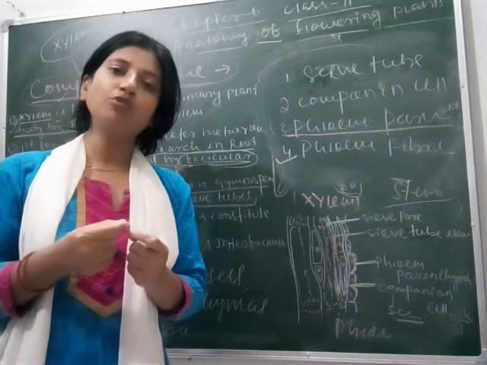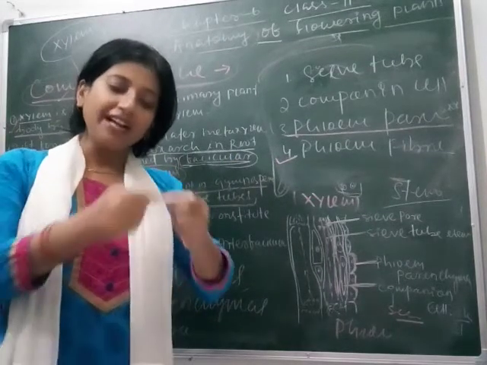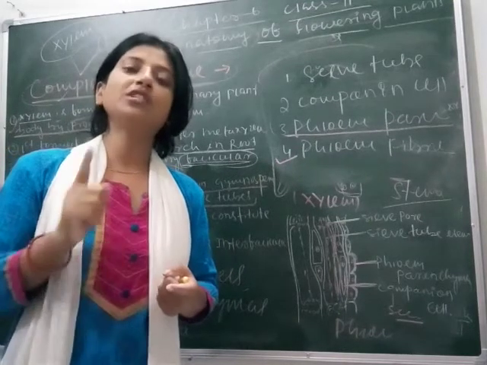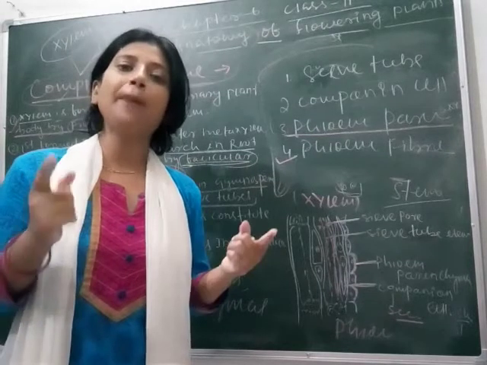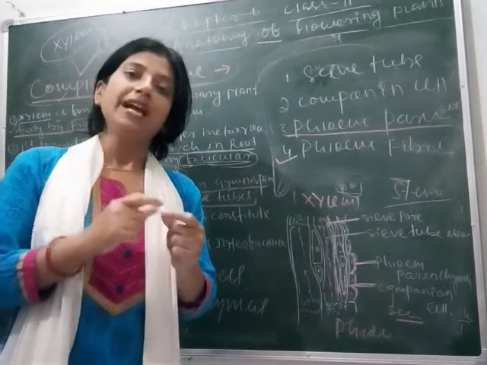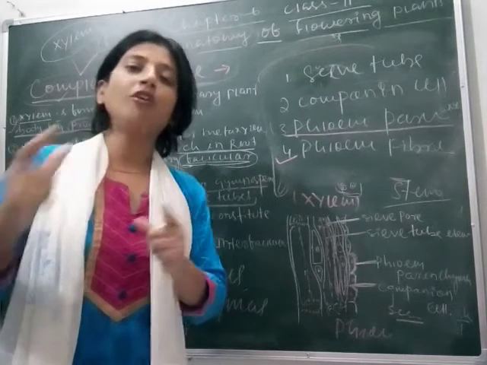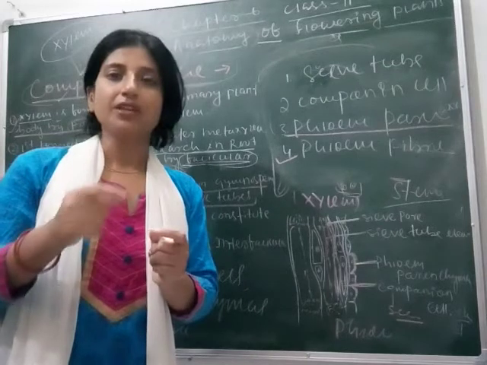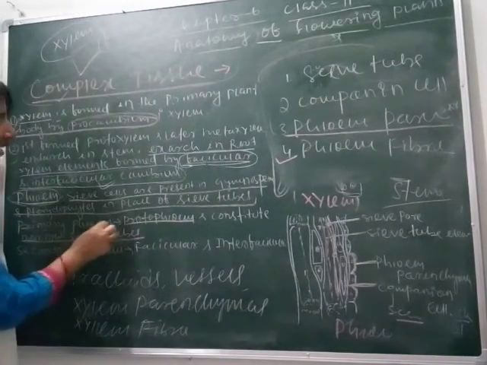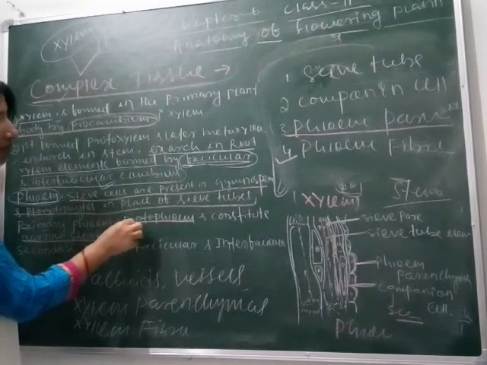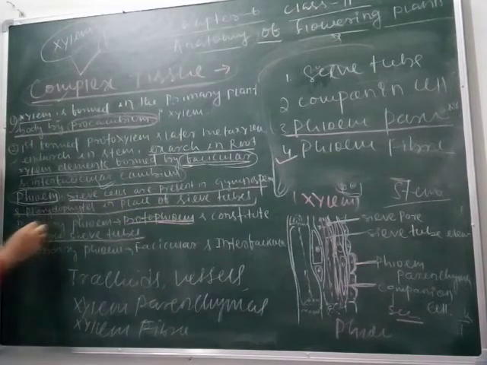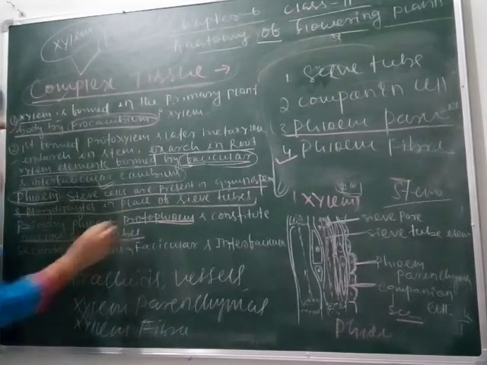Because it has to conduct food from the leaf and transport to different parts of the plant. As we know, the leaf requires only water, but the rest of the plant parts require food. That's why sieve tube size varies according to the organ they are transporting the food to. So they have narrow structures. Clear, students? So primary phloem is formed by protophloem and constitutes narrow sieve tubes.